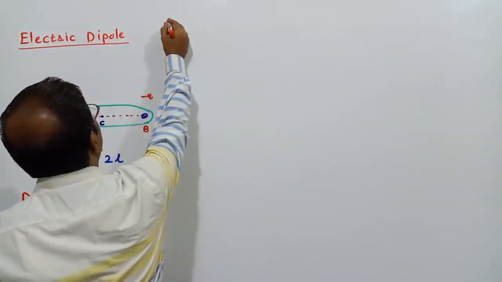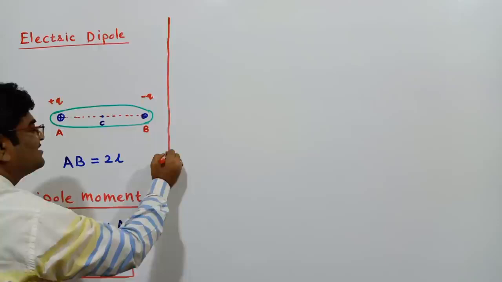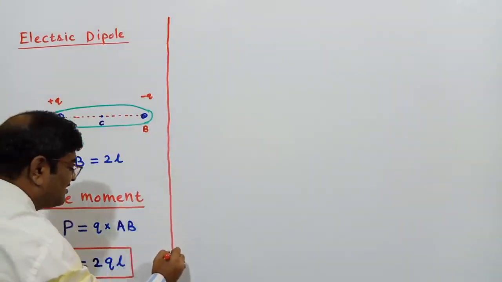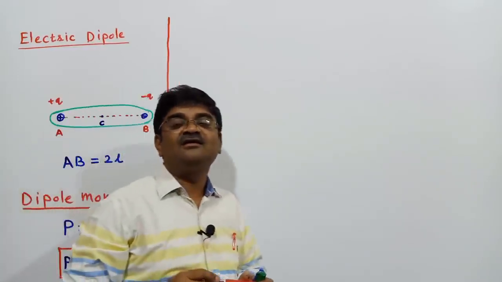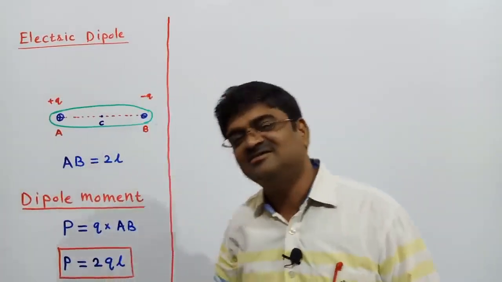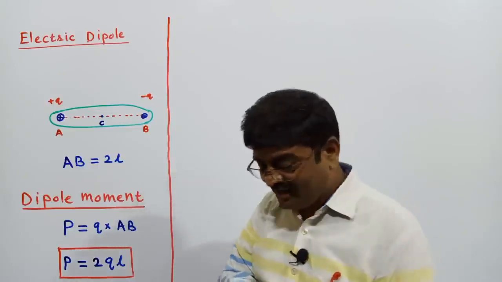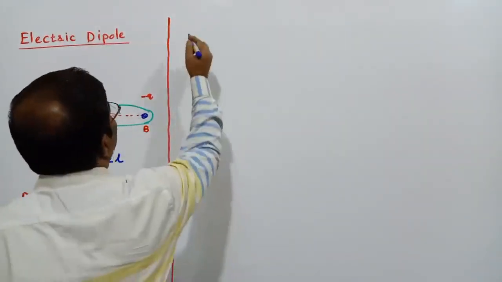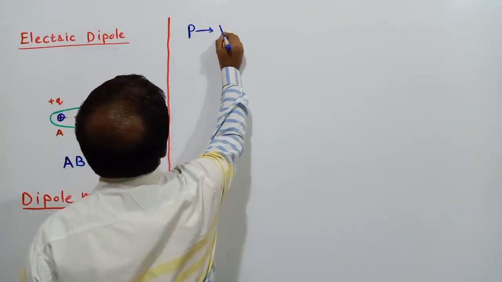An interesting fact about the dipole moment is that it is a vector quantity. What did I say? The dipole moment is a vector, and P is a vector quantity.